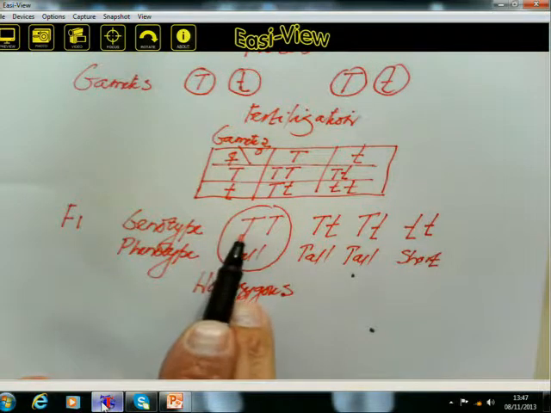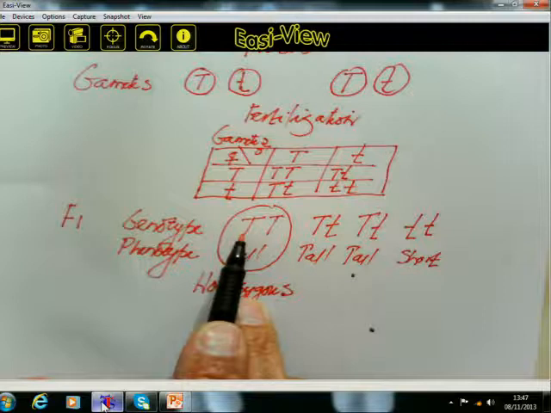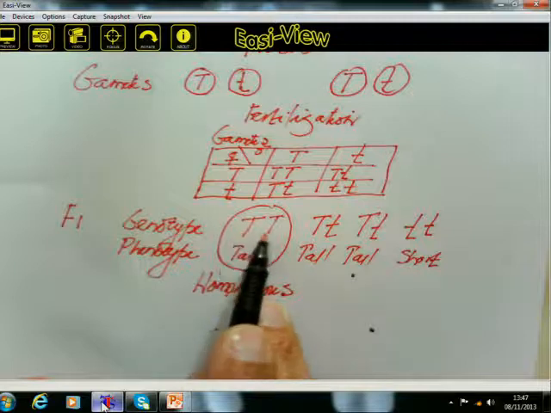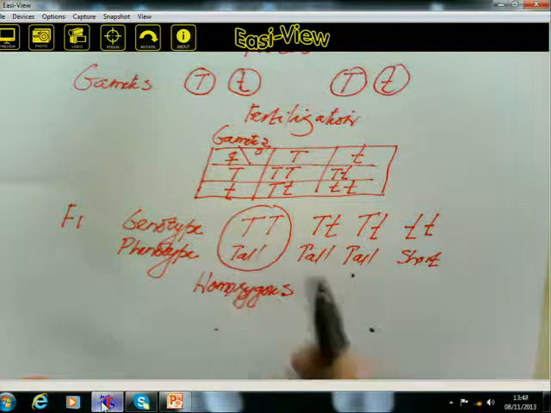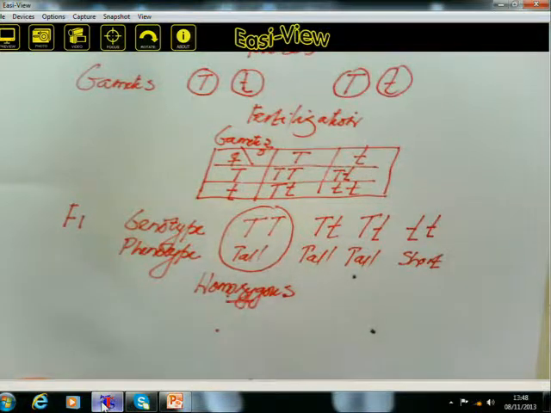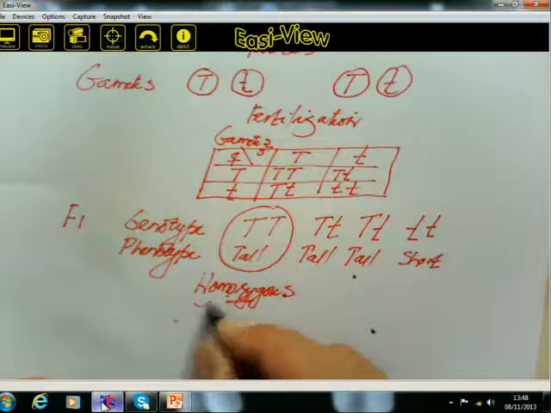That one determines the height of the plant, and that one determines the height of the plant. This one determines the height of the plant to be tall, and this one determines the height of the plant to be tall. Therefore, it is a homozygous individual. A homozygous individual for a specific characteristic is therefore true breeding.